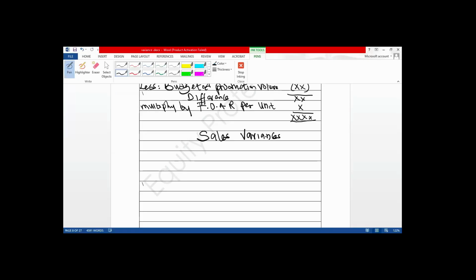Here we are looking at revenue. Sales variance is revenue variance. What we are trying to measure here is where actual revenue is not the same as the budgeted revenue.